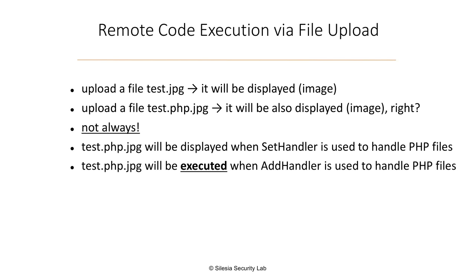And if .php is found somewhere in the name of the file, then this file is executed, not displayed, right? So this is really counterintuitive, because we've got a file with JPG extension, and now due to the nature of addHandler, it will be actually executed. It's very counterintuitive. We don't expect something like this, but it can happen.